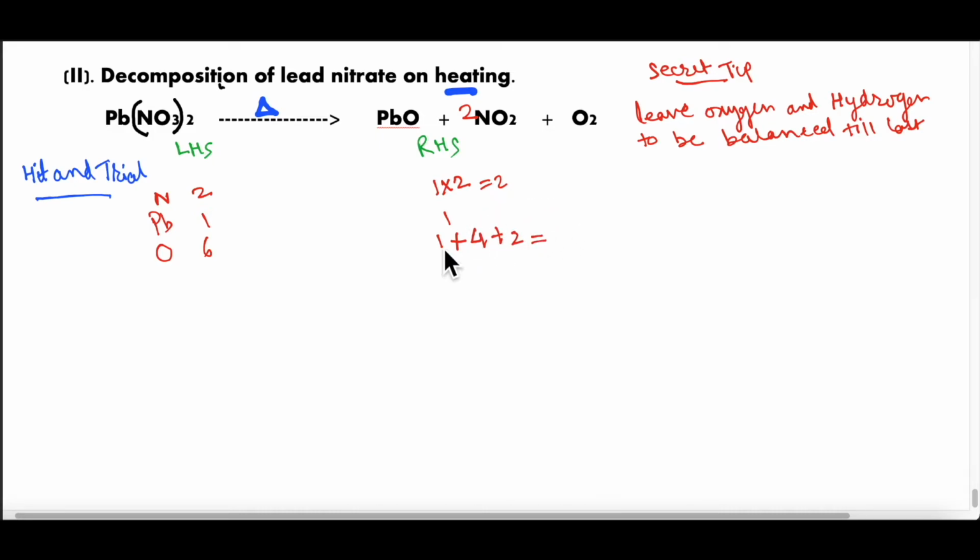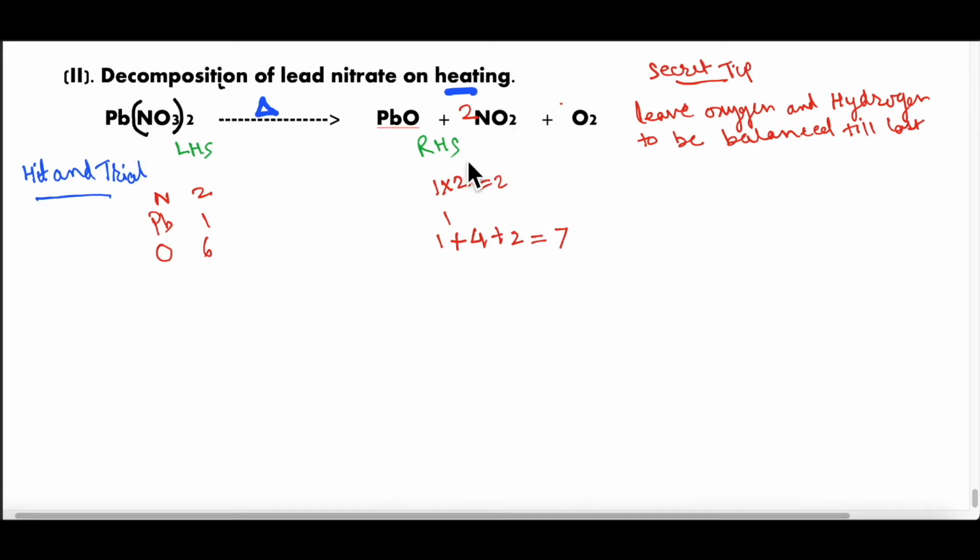So we have 1 plus 4 plus 2, that is 7 oxygen atoms on the product side. Now, on observing this, it is seen that we have an odd number of oxygen on the product side. Now, this is a bit challenging equation.